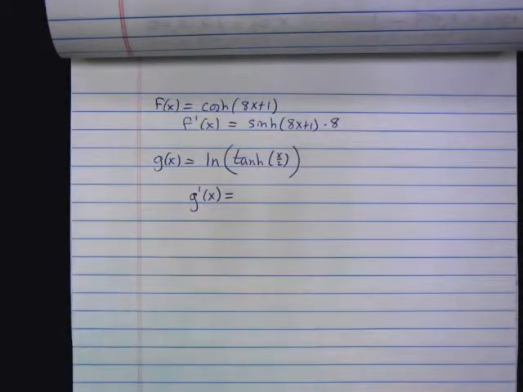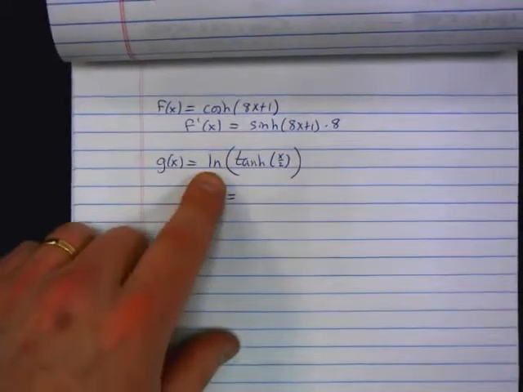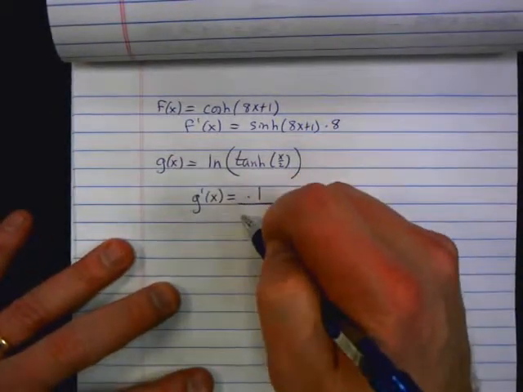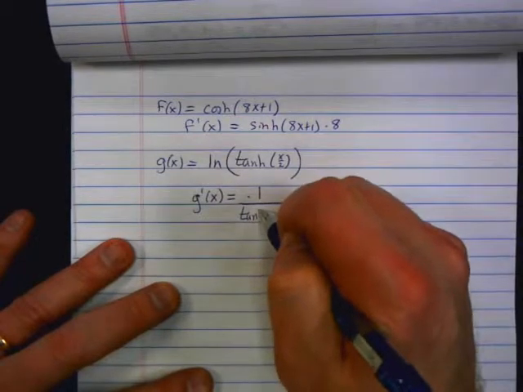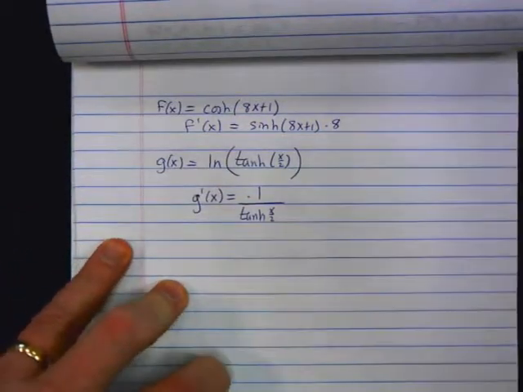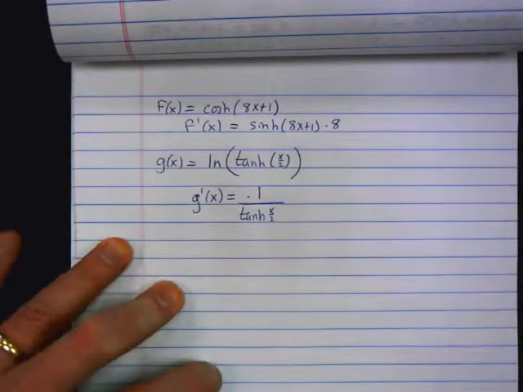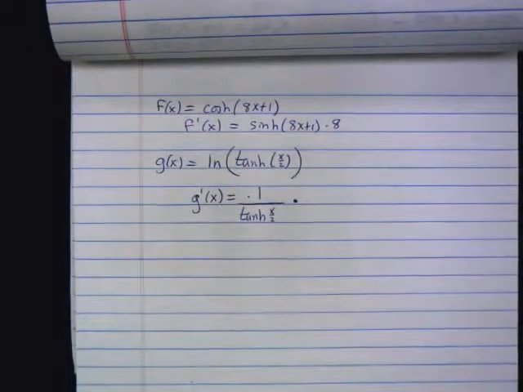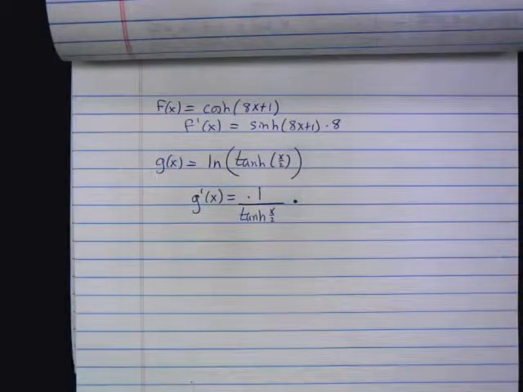All right, so I got to use my logarithm rule. My logarithm rule says 1 over whatever's inside there. So it's 1 over hyperbolic tangent of x over 2, which is hyperbolic cosine over hyperbolic sine, which is what you were saying. That's right. Times, but we're not done yet. Because then we have to use the chain rule still, don't we?